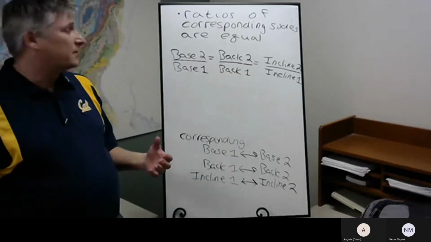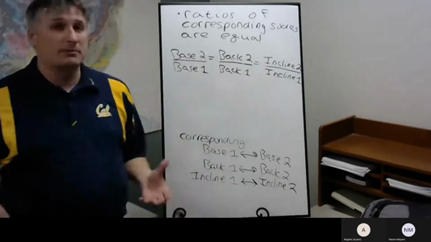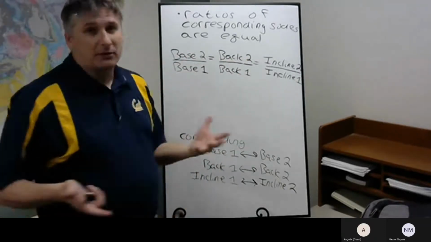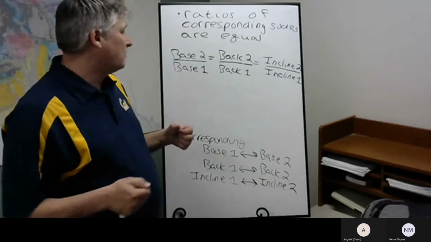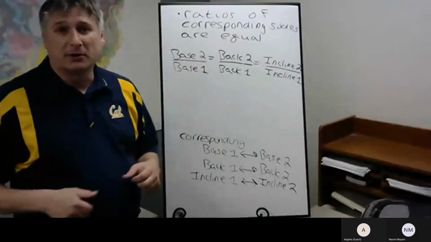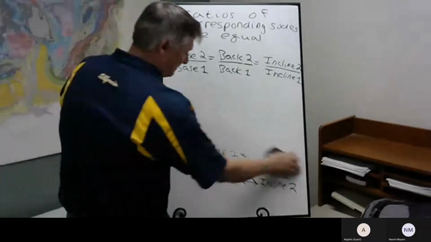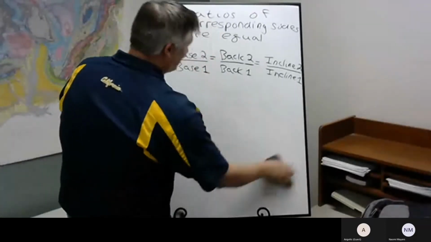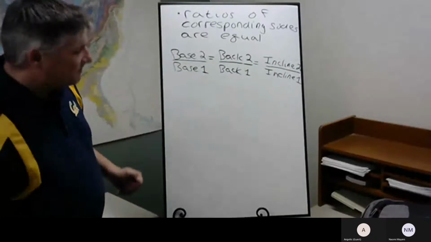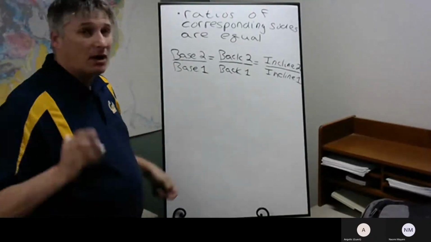We want to be consistent. If we decide to have the second triangle in the numerator, it needs to always be in the numerator. If we decide to always have the first triangle in the numerator, then we need to make sure it's in the numerator. All right. So the ratios of corresponding sides are equal.